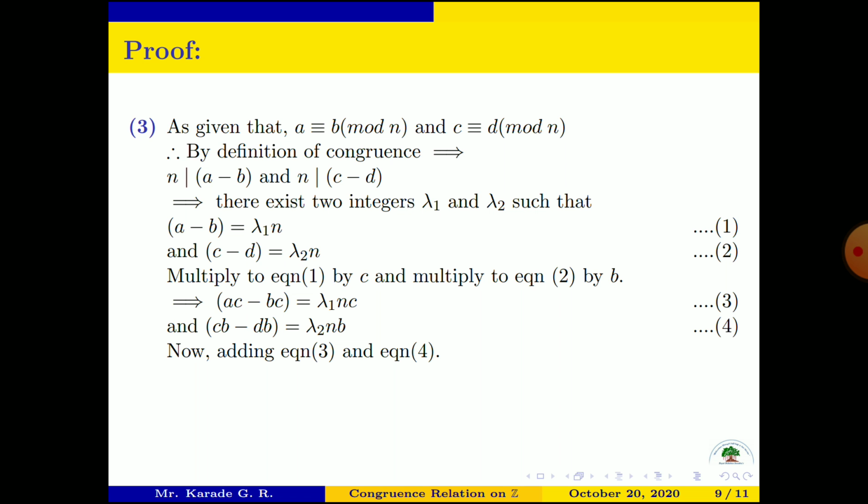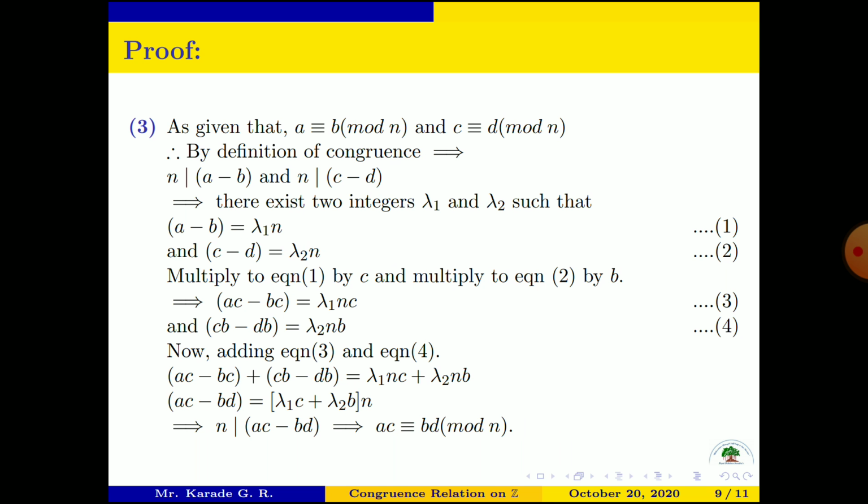Now adding equation 3 and equation 4, we get ac minus bc plus cb minus db is equal to lambda 1 n c plus lambda 2 n b. So ac minus bd is equal to lambda 1 c plus lambda 2 b, times n, and n is common.